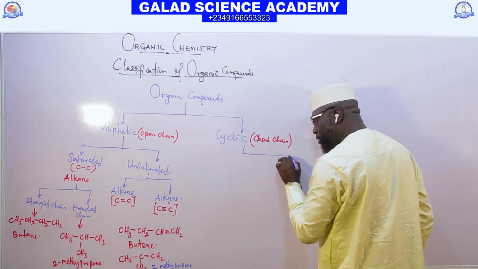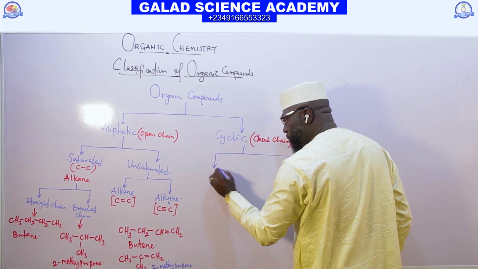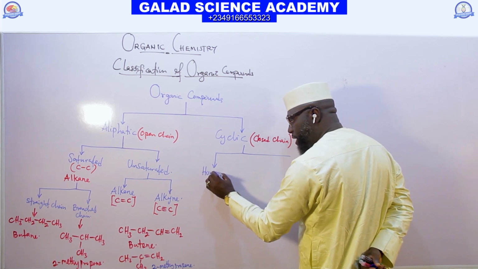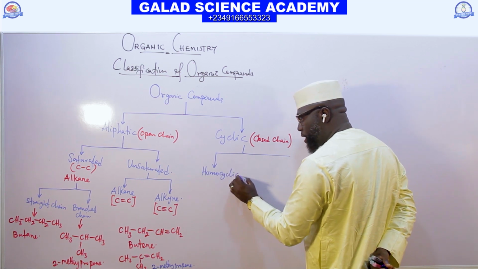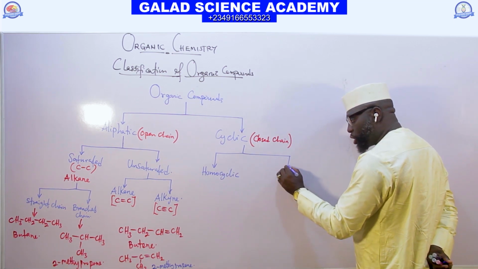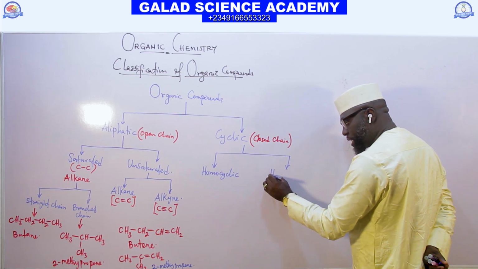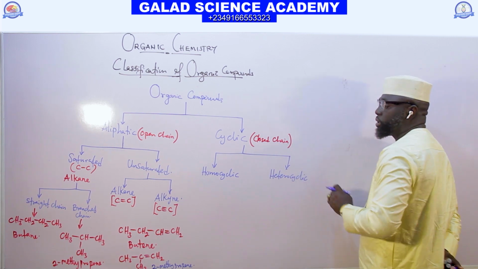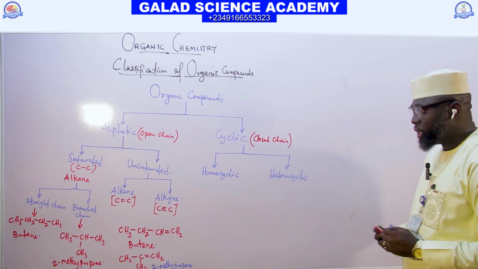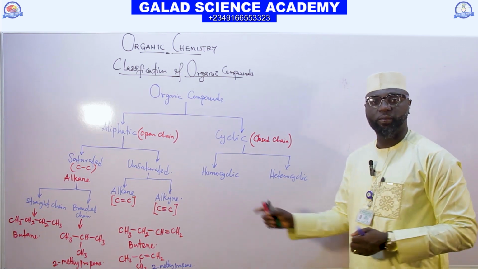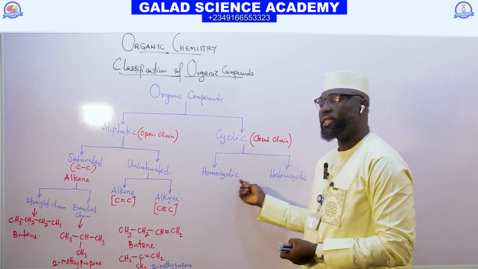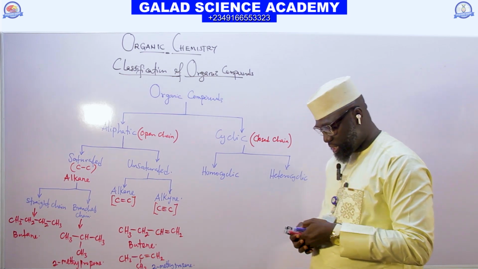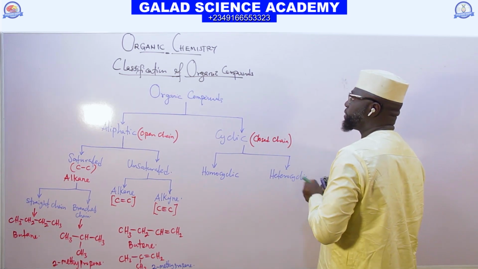These are the classes of cyclic hydrocarbon. The first we call homocyclic compound, and we also have what we call heterocyclic compound. In homocyclic and heterocyclic, the two of them are in ring form.